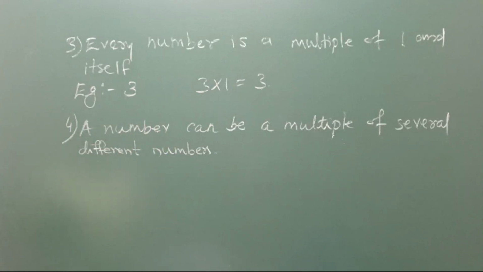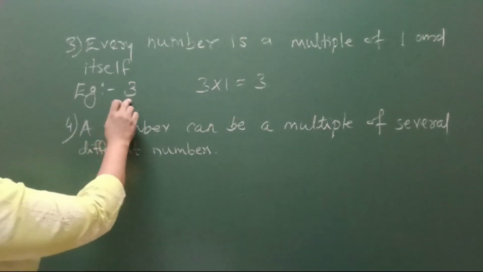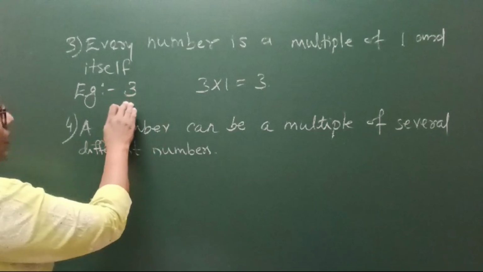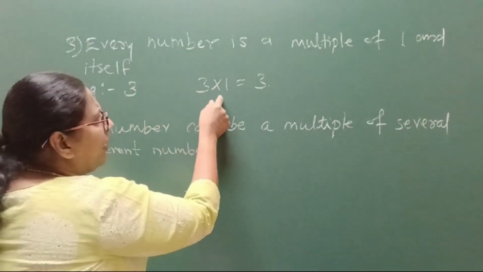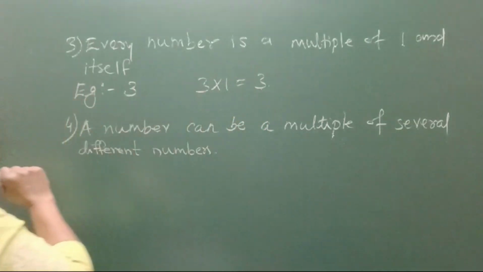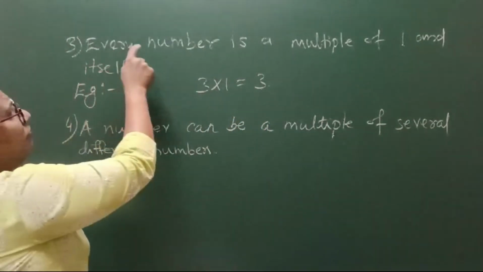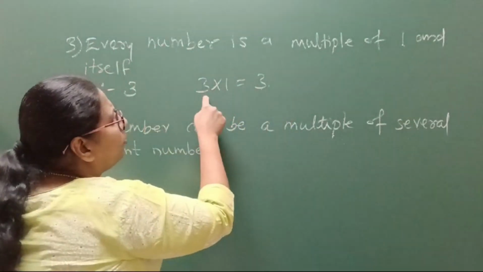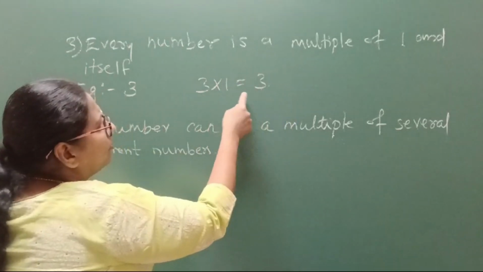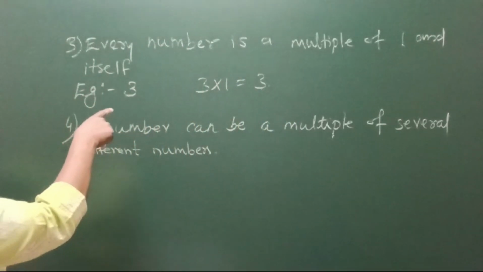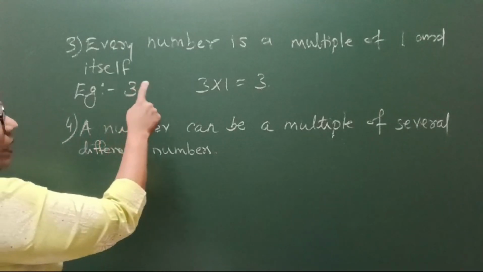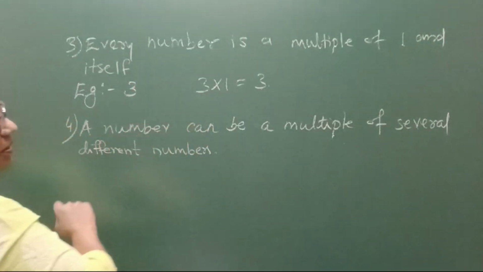Here 1 and 3 are the factors of the multiple 3. Every number is a multiple of 1 and itself.